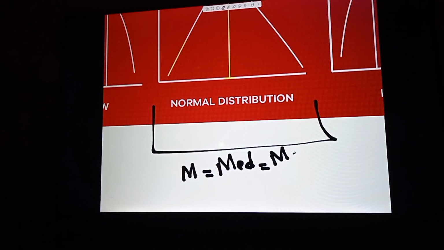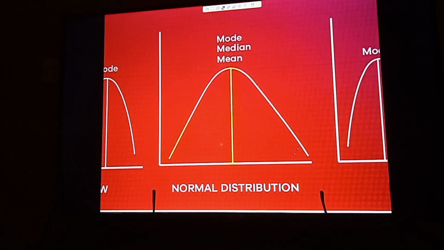When all 3 are equal, this distribution is called a normal distribution or symmetric distribution.